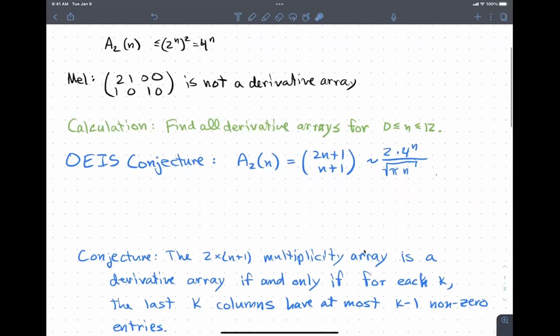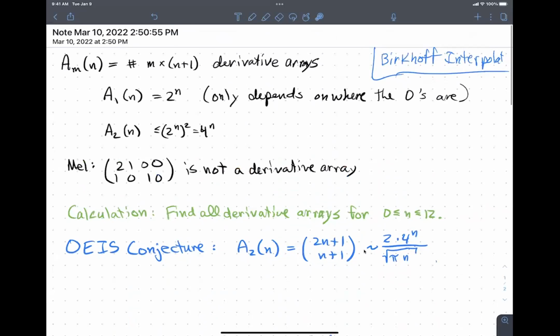Sorry, so what is A2 of n again? A2 of n is the number of 2 by n plus 1 derivative arrays. Okay. Just the definition of this, no question, right. And then you're asking how many of these come from a polynomial?